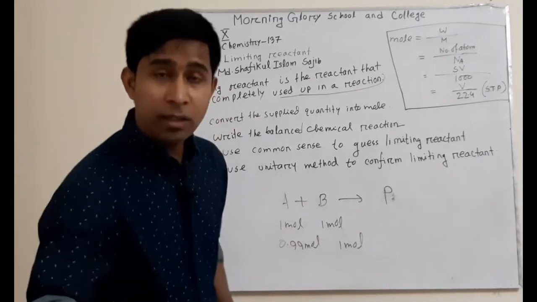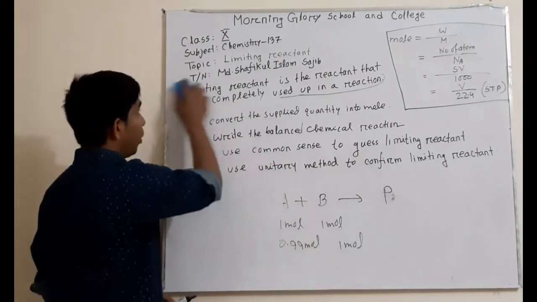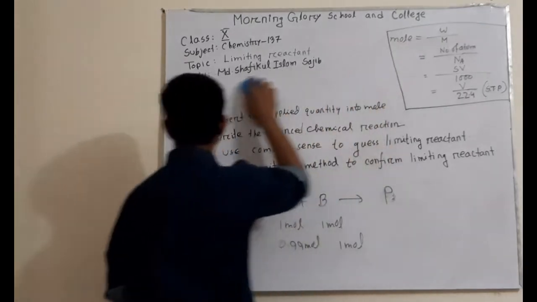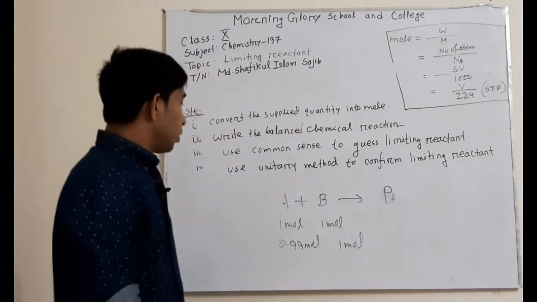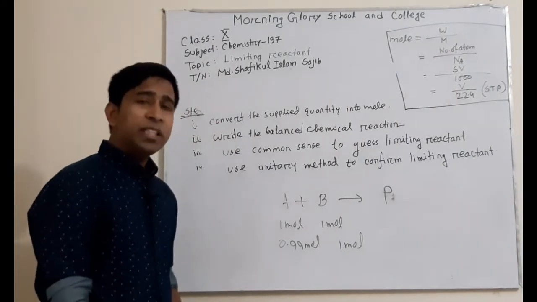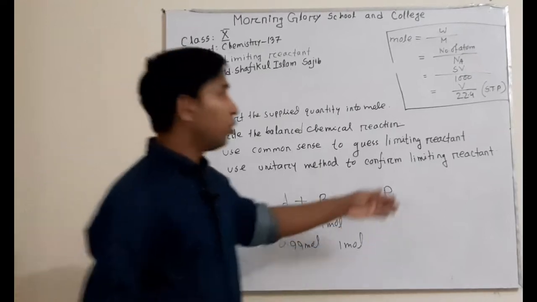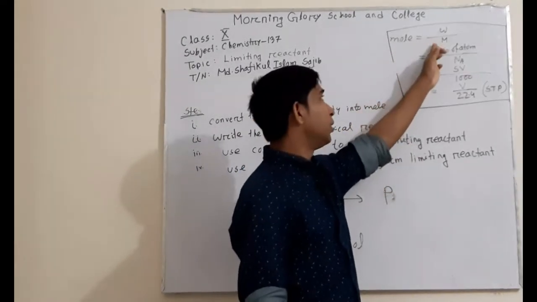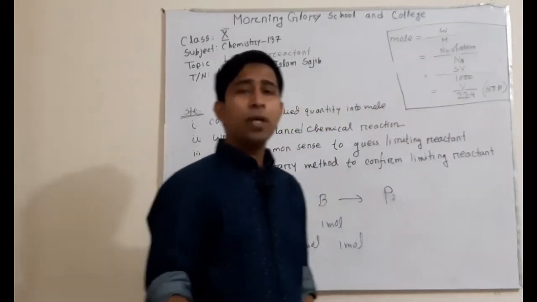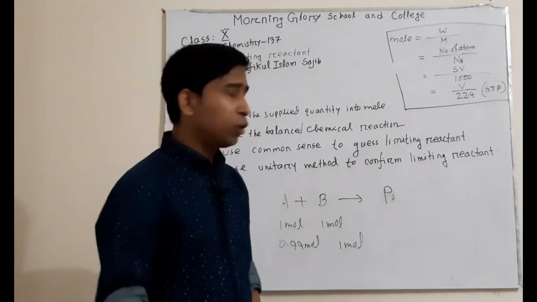Now, how to find the limiting reactant from the provided amount? For identifying the limiting reactant from the reaction, we must know these formulas. Mole equals W divided by M, that means mole equals given mass divided by molecular mass of the molecule or element.